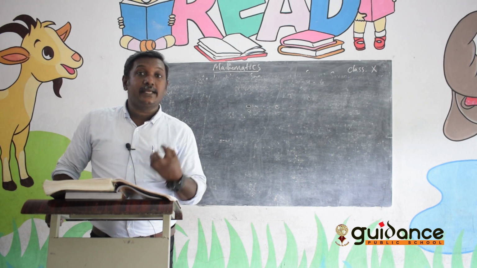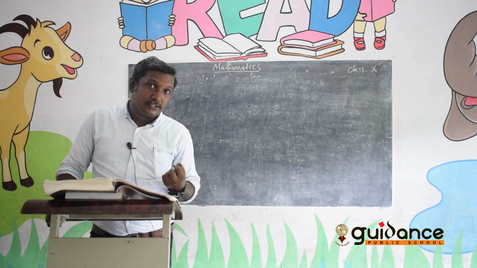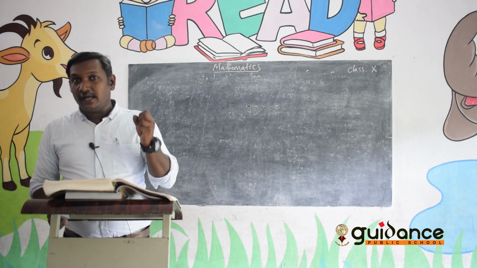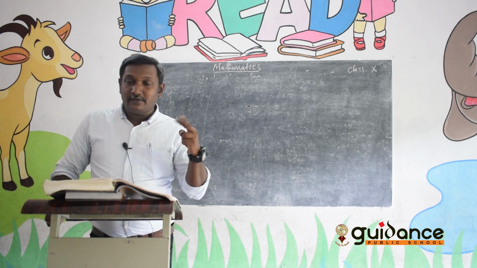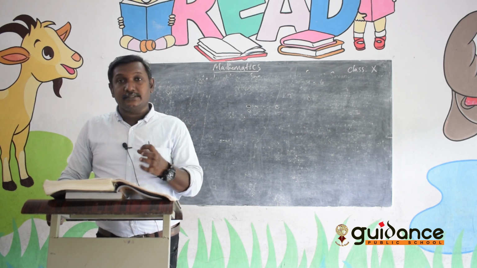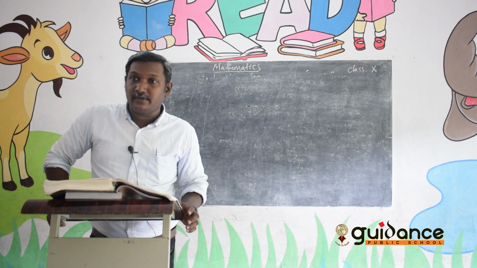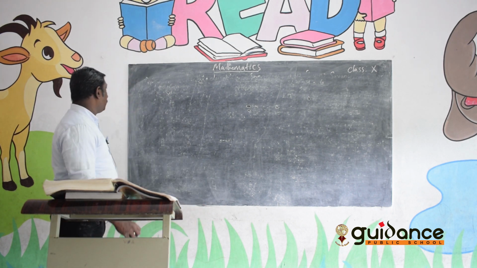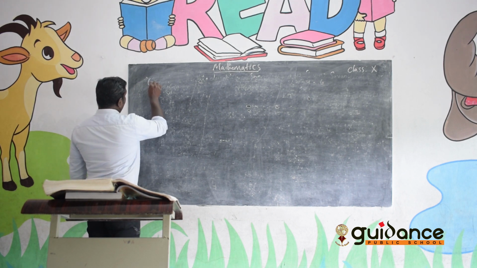So what are the situations? That is a situation related to bat and ball. So we have two variables x and y that we can refer to as the cost of bat and ball.